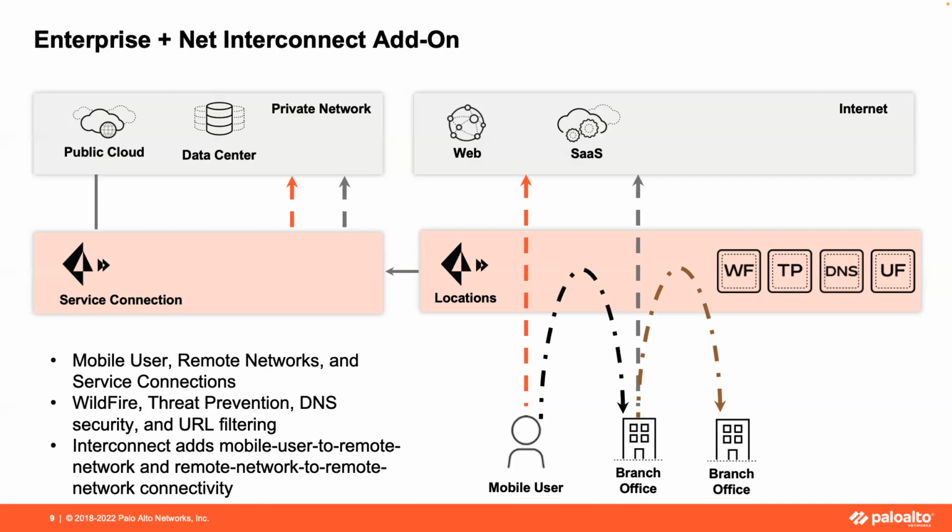Or if I'm in a branch office at Office 1, I can talk to a user in Office 2 without having to leave Prisma Access, go out to the internet and come back in. So it makes it much more efficient.